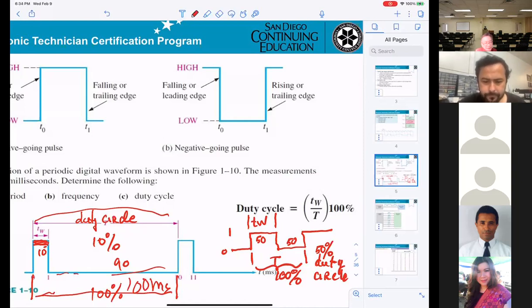However, on this one, I just bring it up to you. How do we calculate the duty cycle? In one period, they want to know how long it will be logic 1, how long it will be logic 0. Normally, when you see the clock signal, it will be 50% duty cycle.